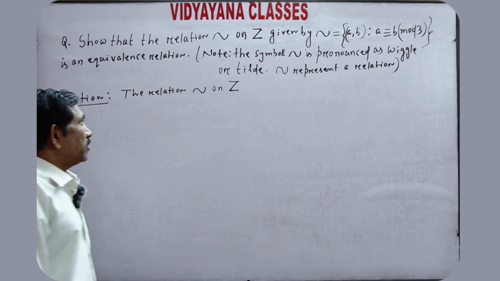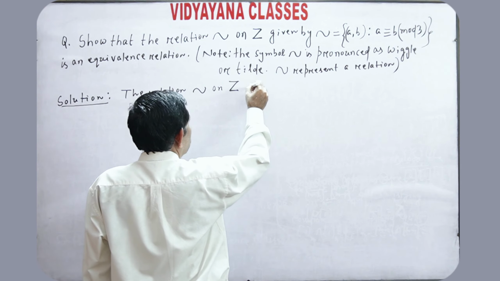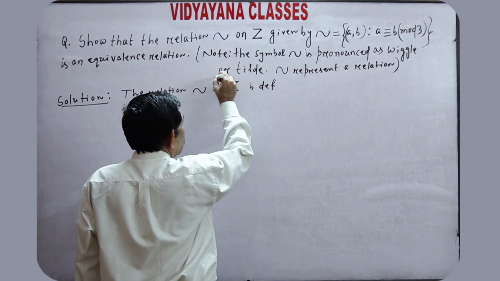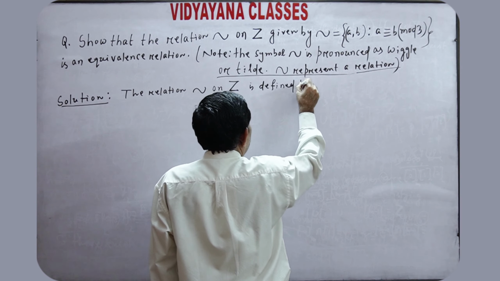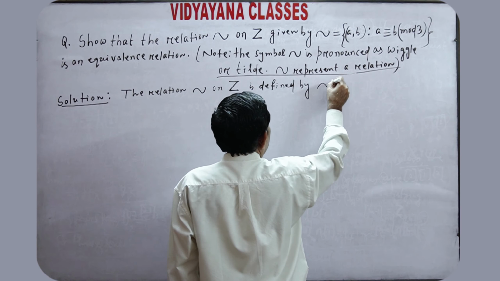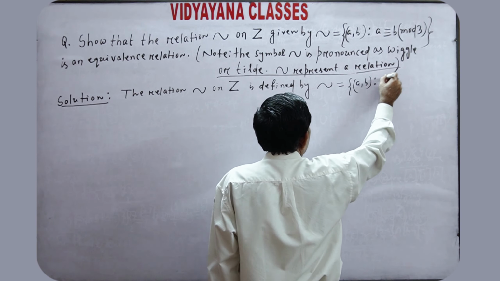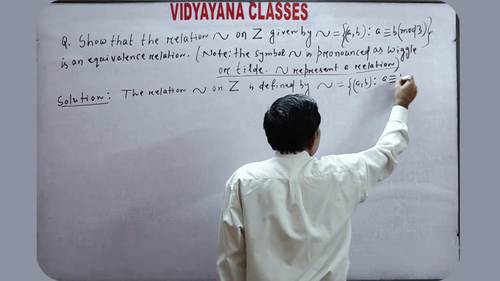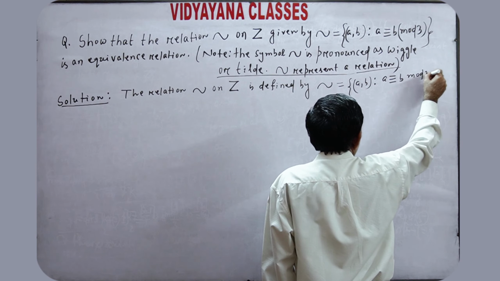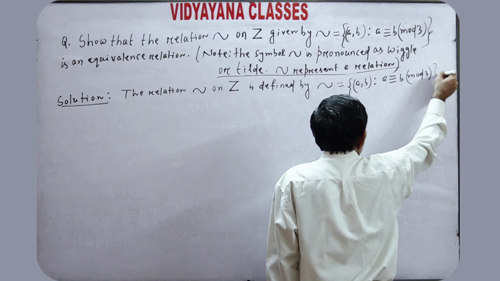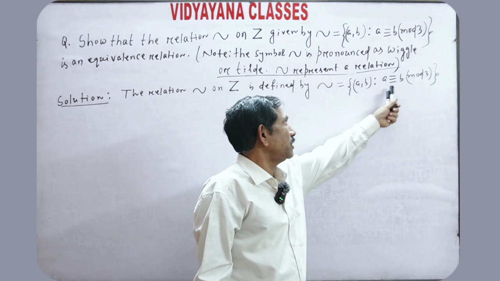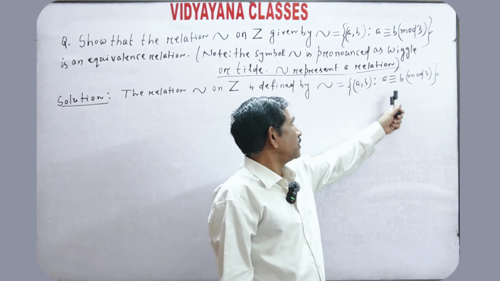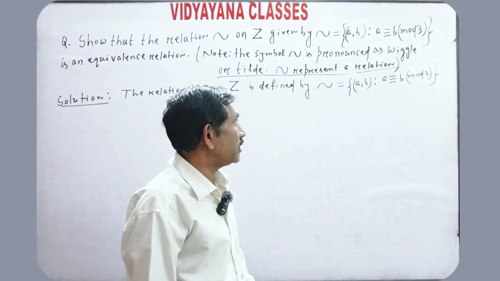The relation wiggly on Z is defined by wiggly equal to the set of ordered pairs (a, b) such that a is congruent to b mod 3. An ordered pair (a, b) belongs to wiggly if this condition is satisfied. That means the difference of a and b is divisible by 3.